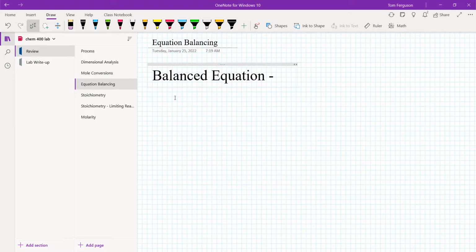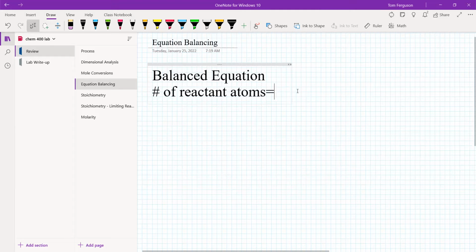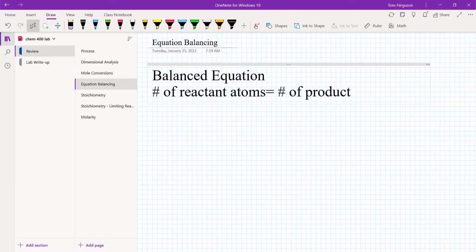So what is a balanced equation? That means the number of reactant atoms equals the number of product atoms.